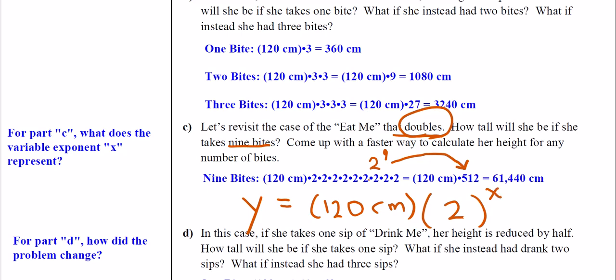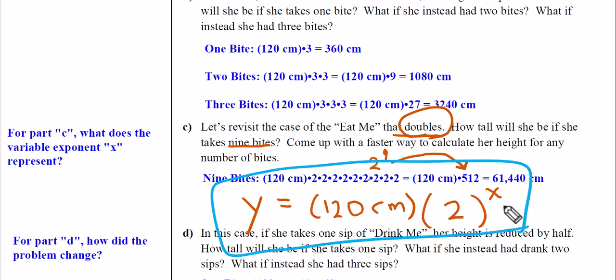In this case, this is like, quote unquote, the formula for any eat me cookie that doubles Alice's height. And all I need to know, instead of writing all these 2's all day long, is how many bites she took, the number of times that she bit the cookie.